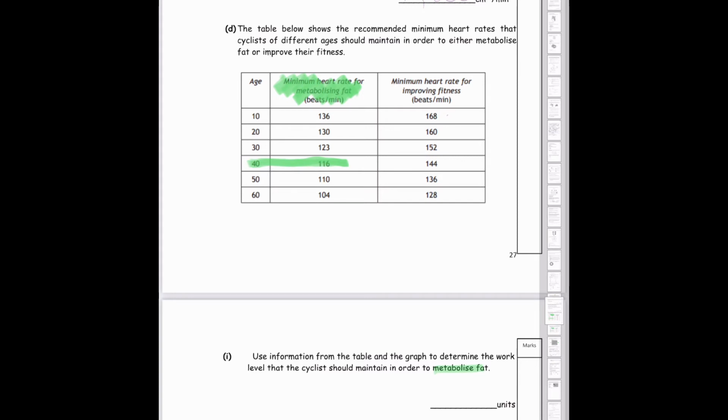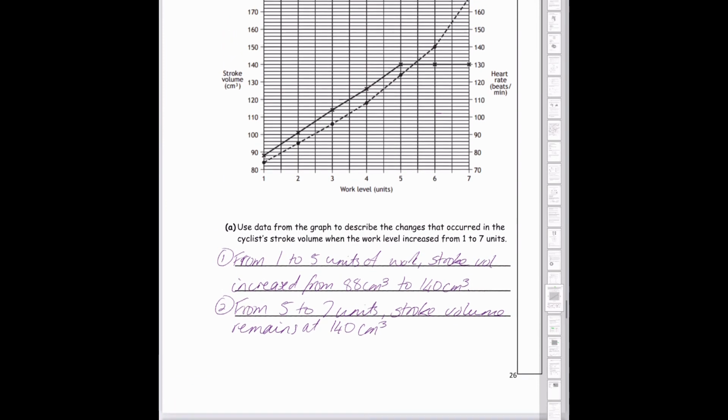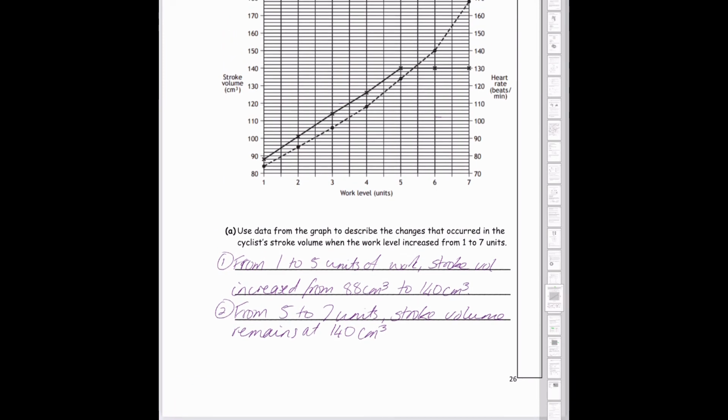So we need to work out from the graph how many units of work that is. 116 beats per minute. We're looking at this scale over on the right, 110, 12, 14, 16.